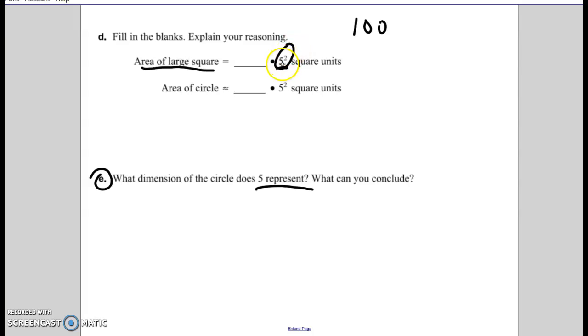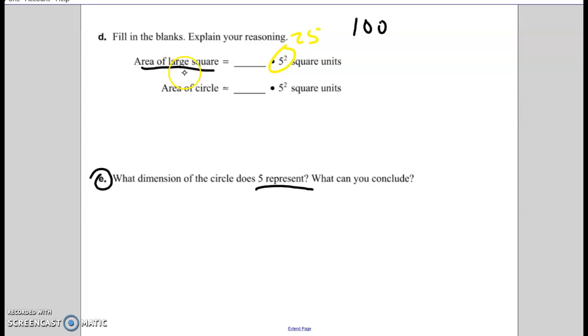And for my next step, instead of 5 squared, I'm going to use 5 times 5. We're going to treat that like a 25. Okay? And so let me do this in a different color. 5 squared is 25.